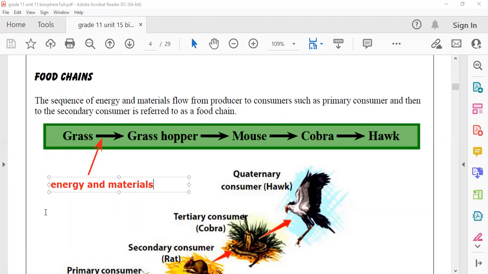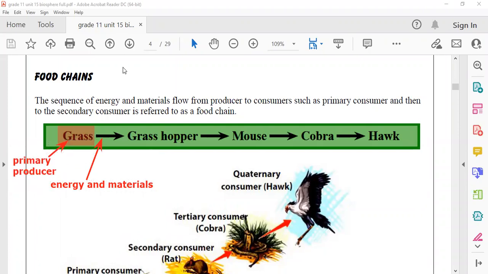In that case, if you take a food chain, the organism at the start will be a photosynthetic organism. We call it a primary producer. The organism at the beginning of the food chain is called a primary producer.